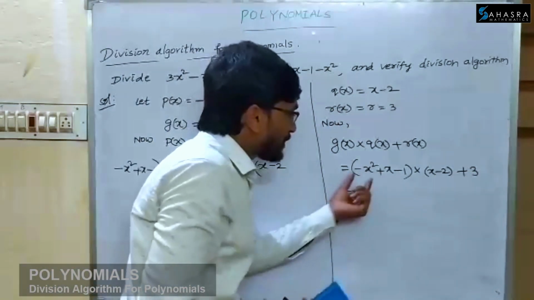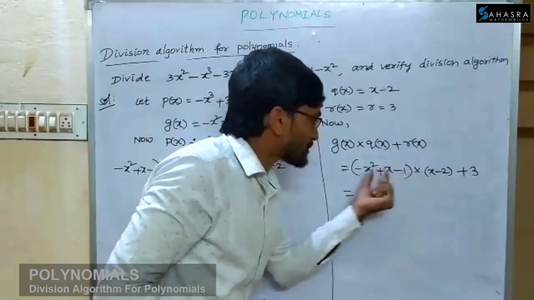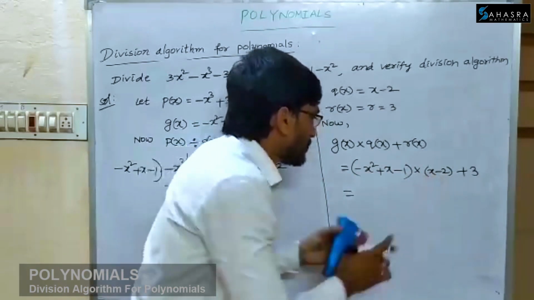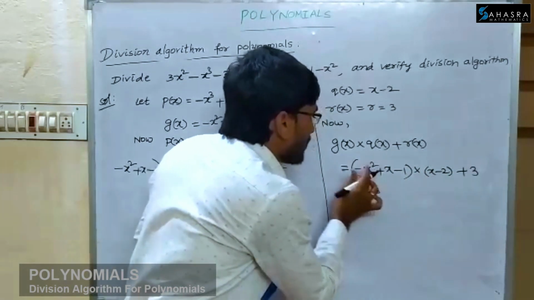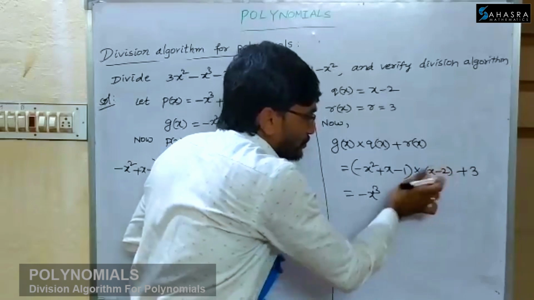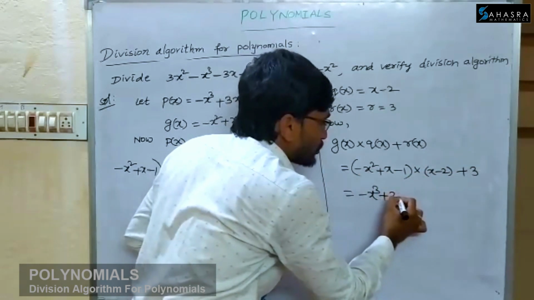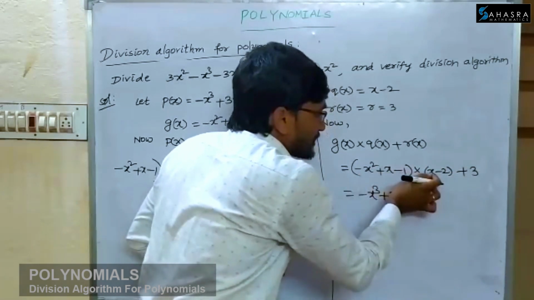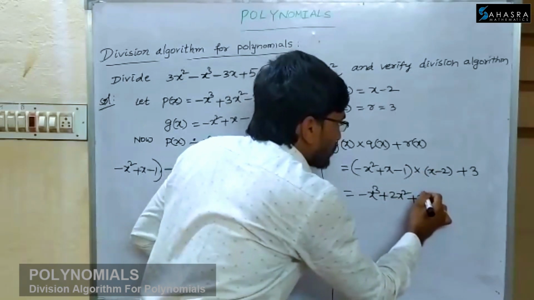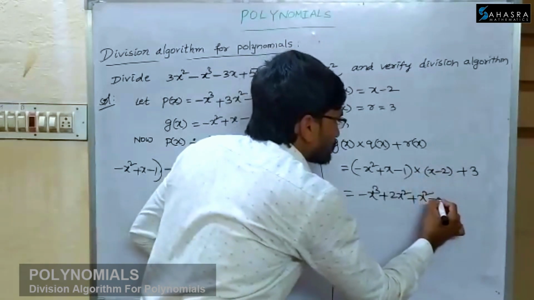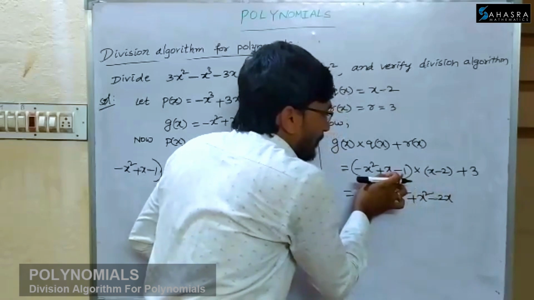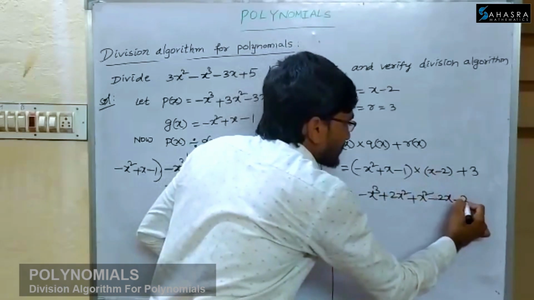Now multiply with this. How to multiply? Minus x square by these two terms. Minus x square into x, minus x cube. Minus x square into minus 2, minus into minus plus, x square into 2, 2x square. x into x, x square. x into minus 2, minus 2x. Now minus 1 into x, minus x.